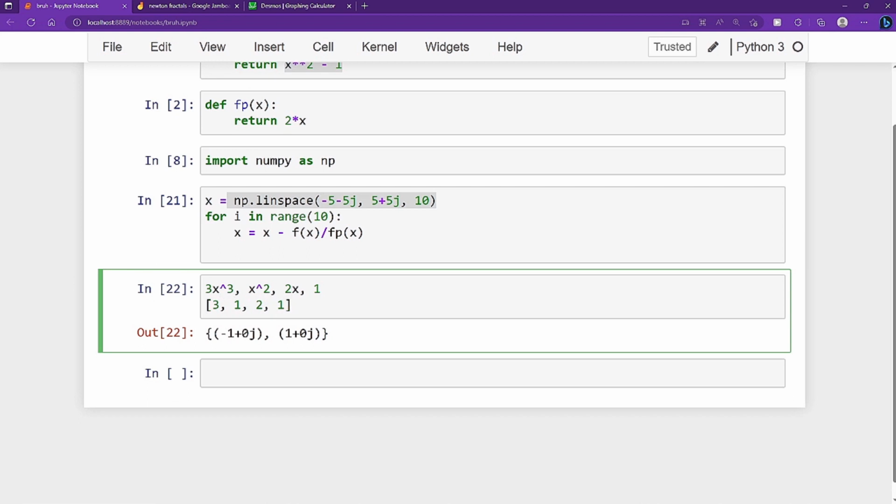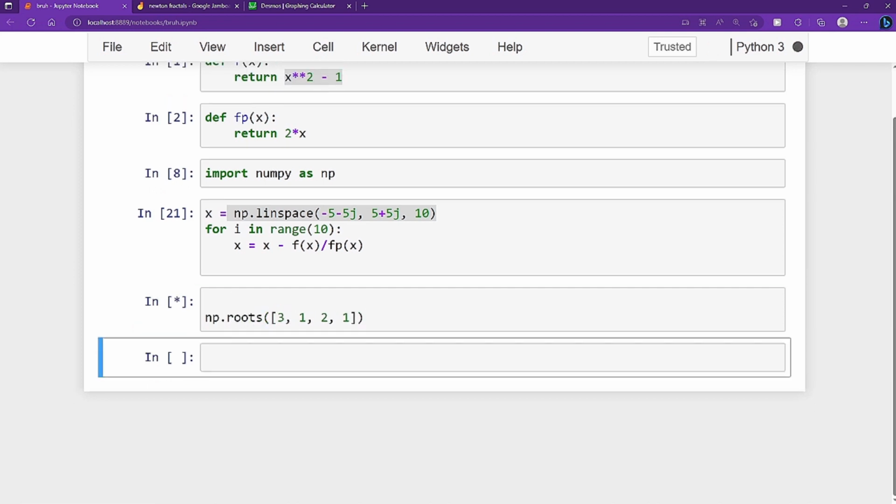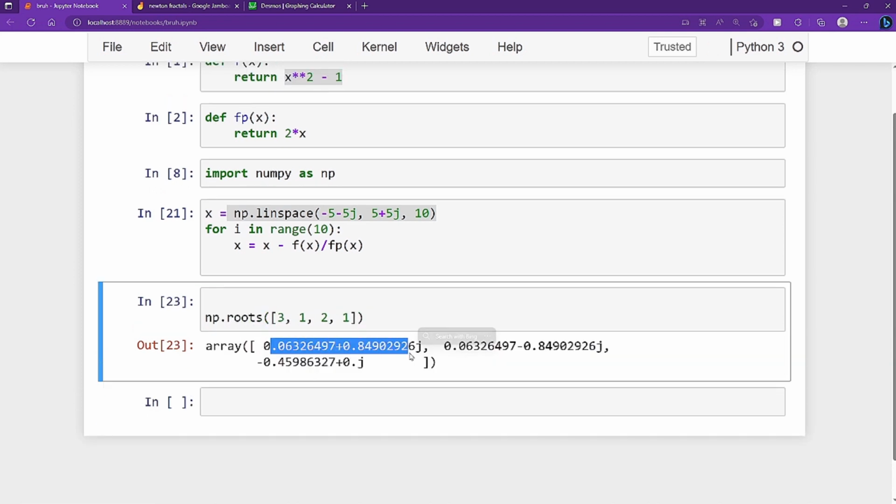So this array now translates to a polynomial in and of itself. 3x cubed, and an easy way to start reading this obviously would be from the right side. So 1 plus 2x plus x squared plus 3x cubed. And I can do np.roots on this to find the roots of this thing. These are the roots of this thing right here. There are many complex ones, and there is one real one because there is 0j over here.